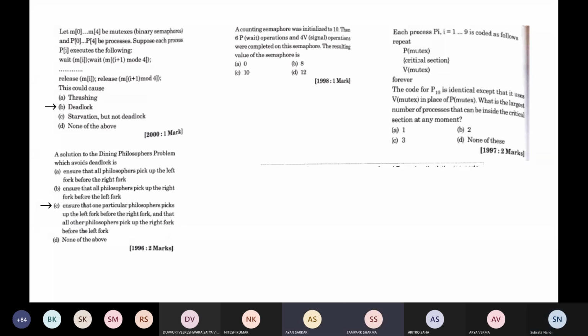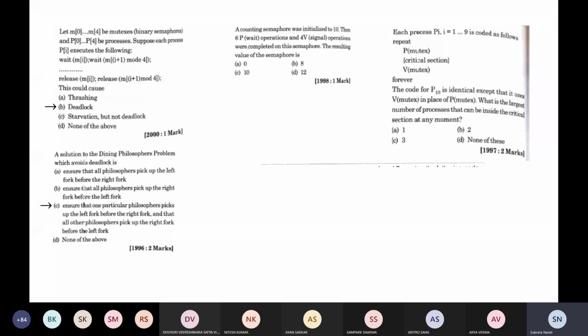All 10 processes can. Yes, it is possible, because whenever you signal one, the other one signals somebody, and so that process can execute and signal. So each and every process that is waiting may in turn be signaled. That may be possible.